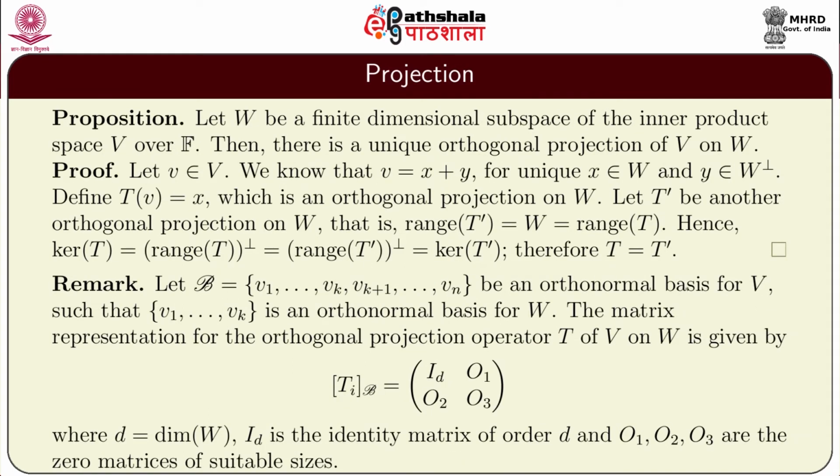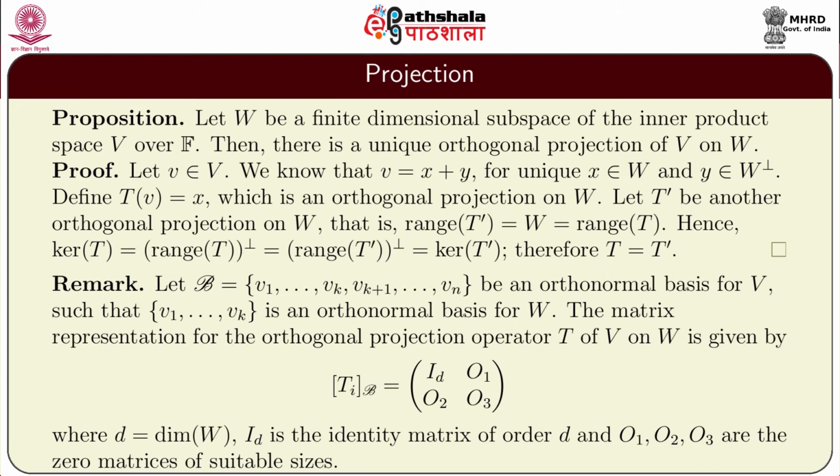Now, the proposition. So, let W be a finite dimensional subspace of the inner product space V over F. Then there is a unique orthogonal projection of V on W. Proof. Let v belong to the vector space V. Then we know that v is equal to x plus y for unique x in W and y in W perp.